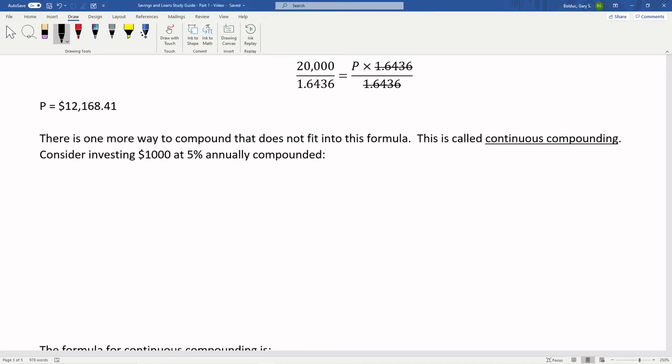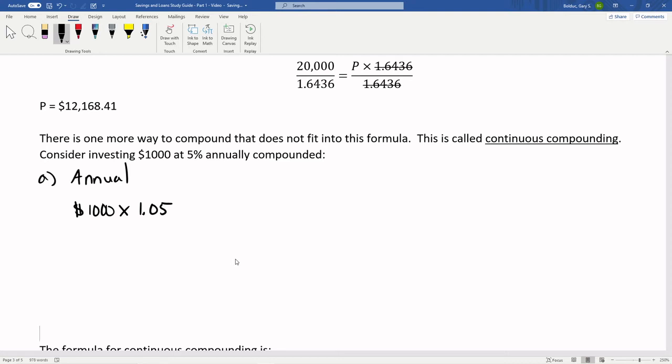Well, there are options, right? So A here, my compounding can be annual or yearly. We already did this. $1,000 times 1.05. That was our first example.